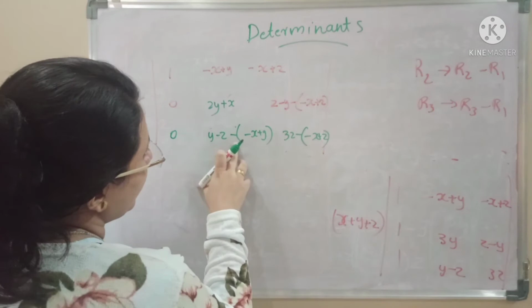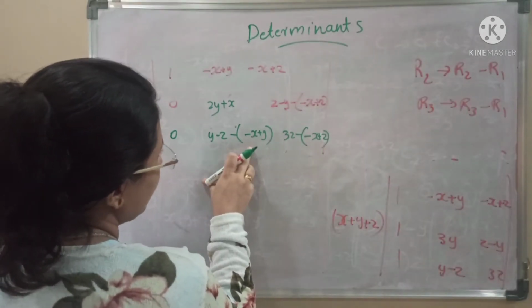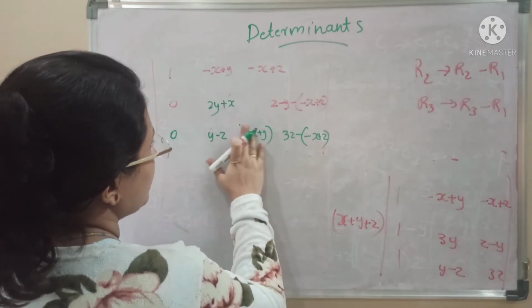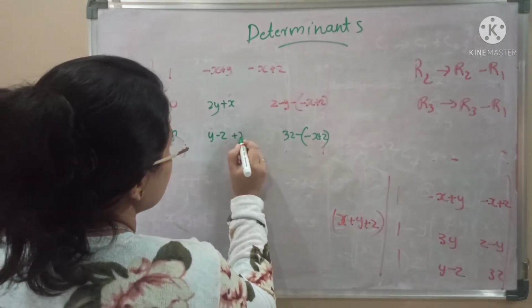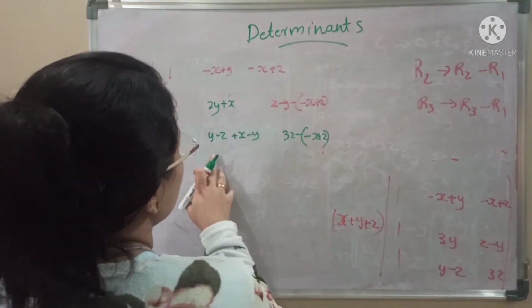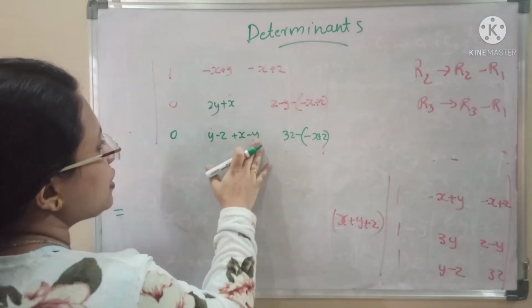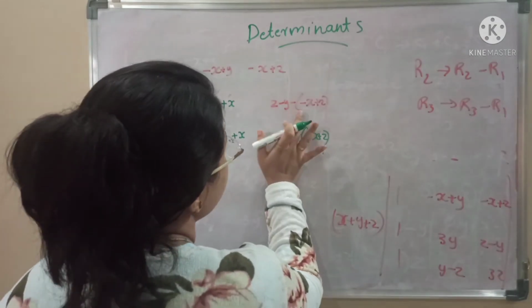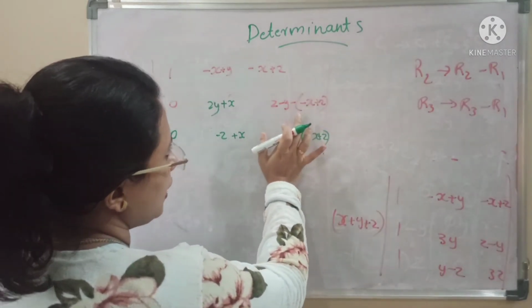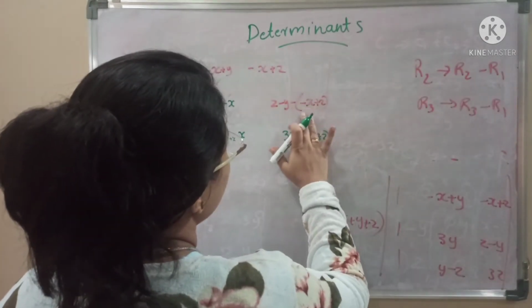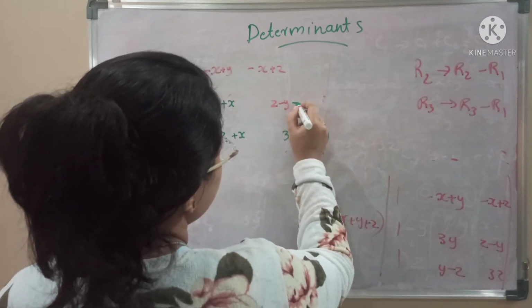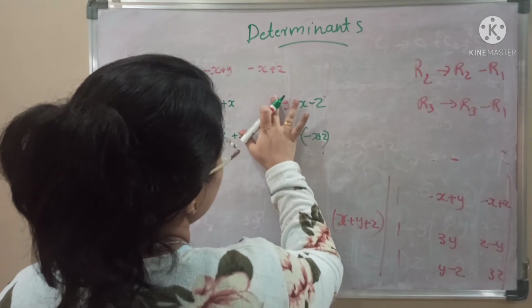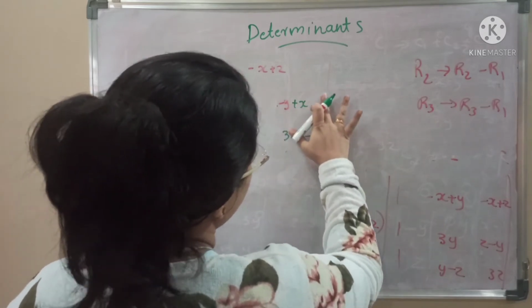Here minus of minus x will be plus x, minus of plus y will be minus y. So this will be plus x minus y. So y minus y will be 0. Here minus of minus x, again plus x and minus y, minus z. Z minus z will be 0.